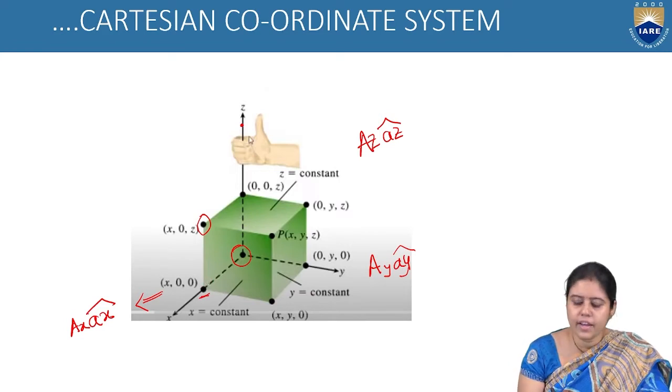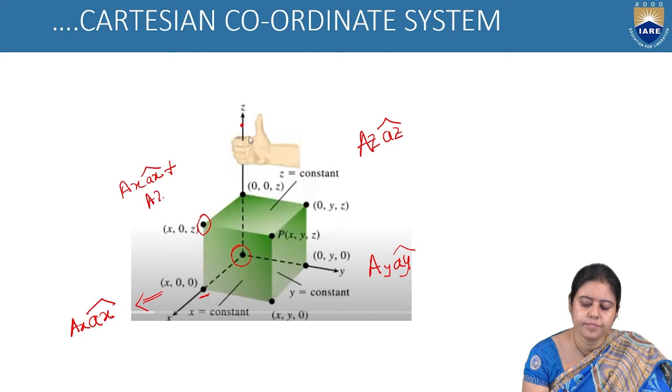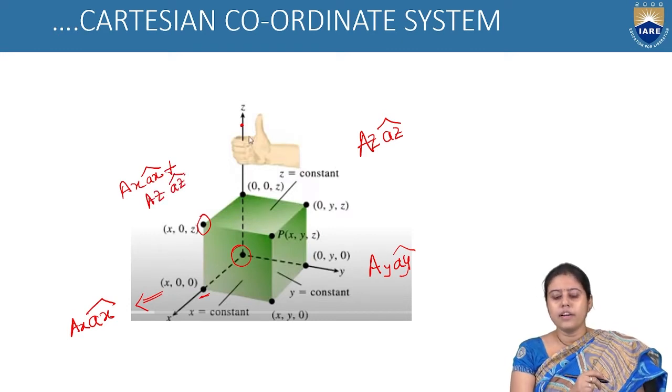It is the intersection point of x and z, so this coordinate will be x ax plus z az.